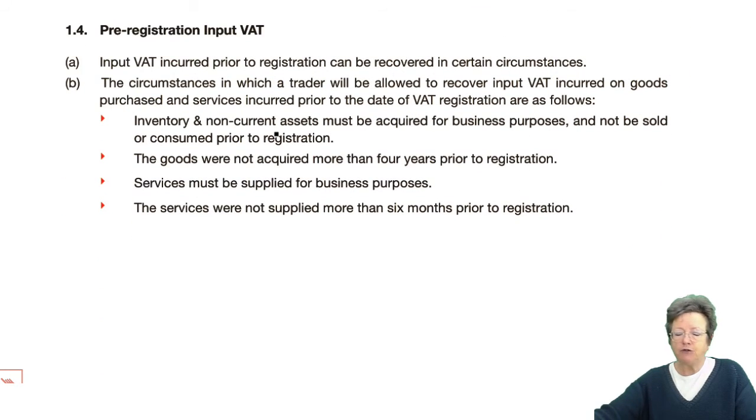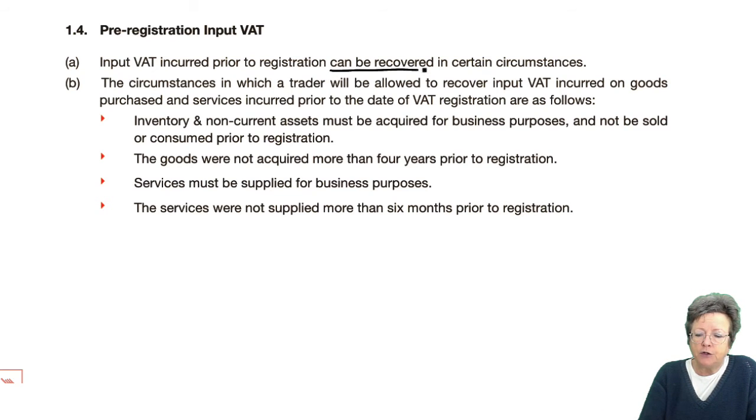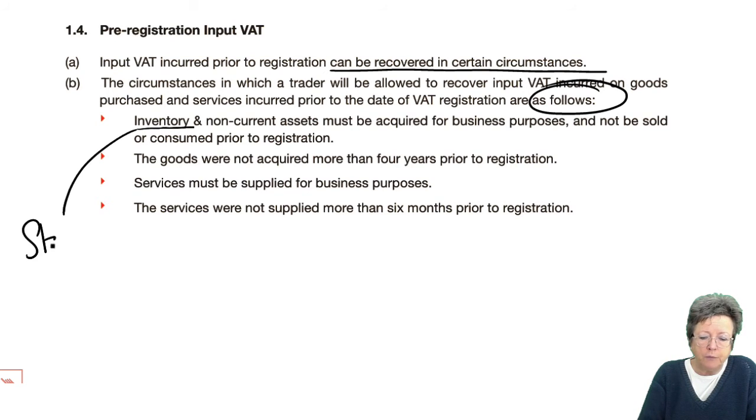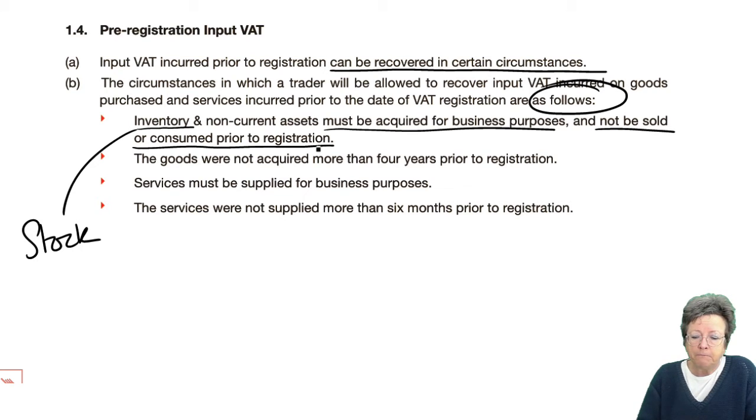Now, pre-registration VAT, okay, it can be recovered in certain circumstances. The circumstances are as follows. The inventory or the stock, that's the stock that you've bought, and your net current assets must have been acquired for business purposes and not be sold or consumed prior to registration.